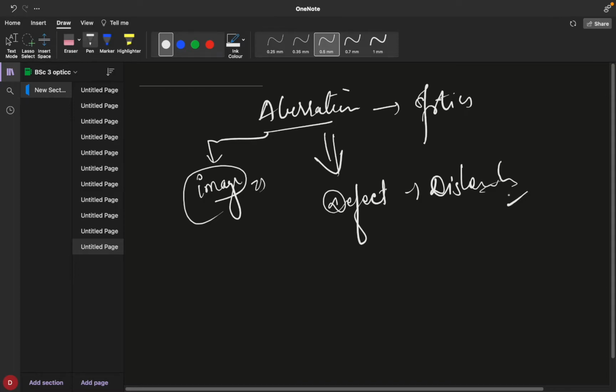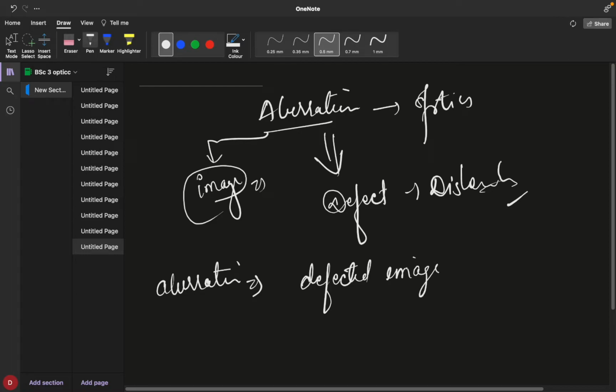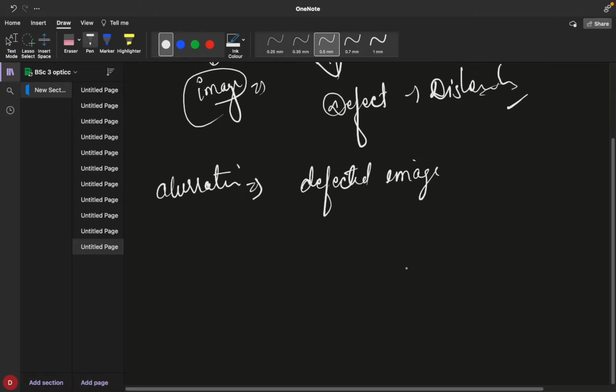So we can say aberration in any image means we are going to get a defected image. So if you want the definition for aberration, it can be defined as follows.